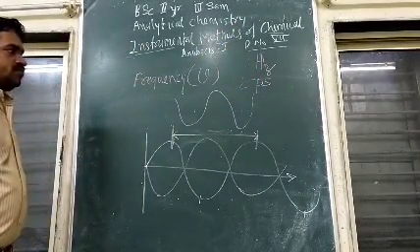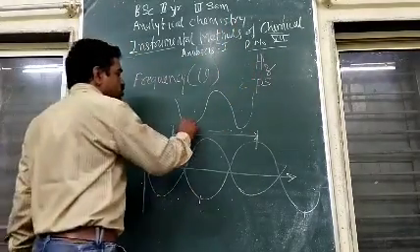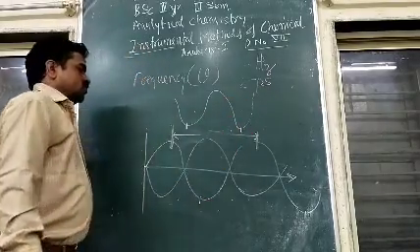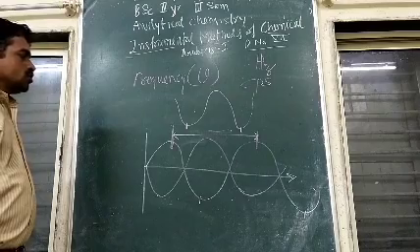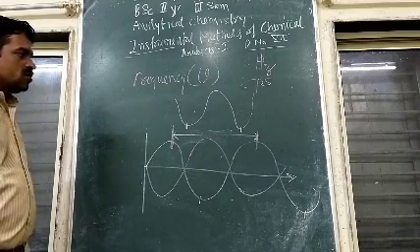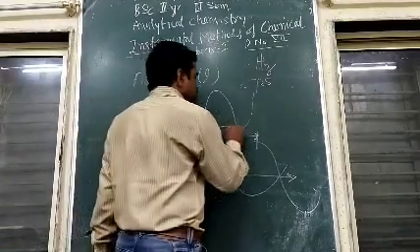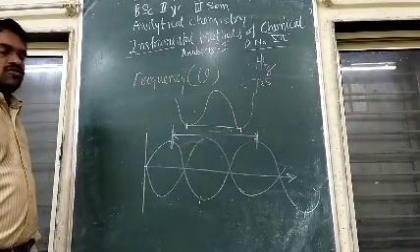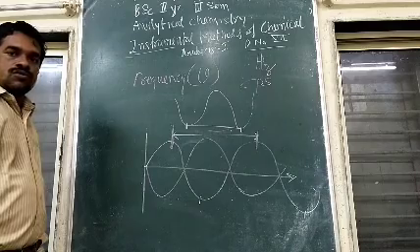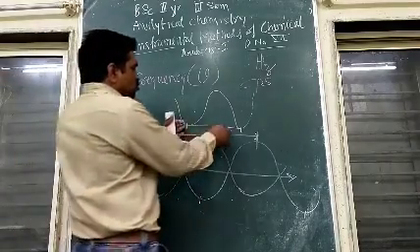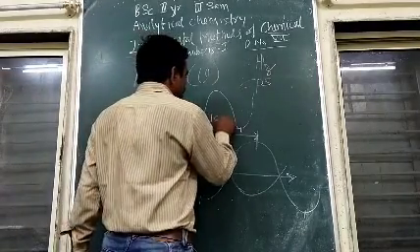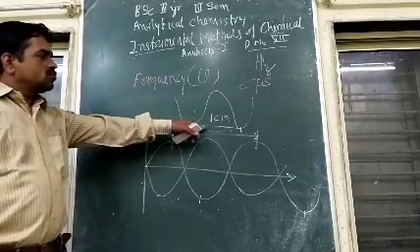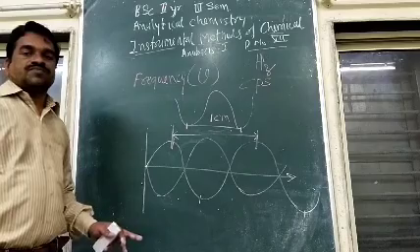The distance between this point and this point is called the wavelength. Now suppose we consider this length as 1 centimeter. So the wavelength is 1 centimeter.